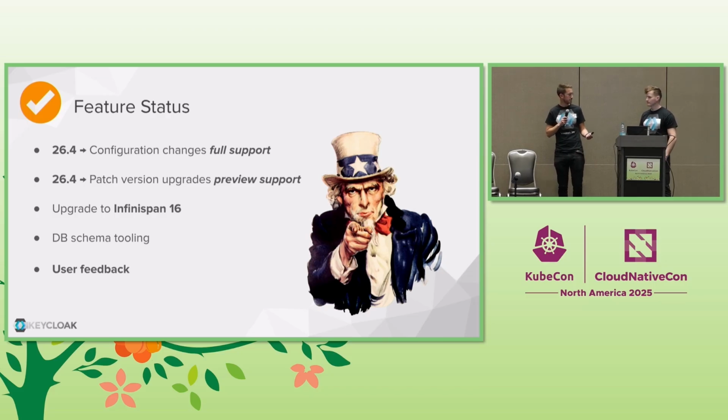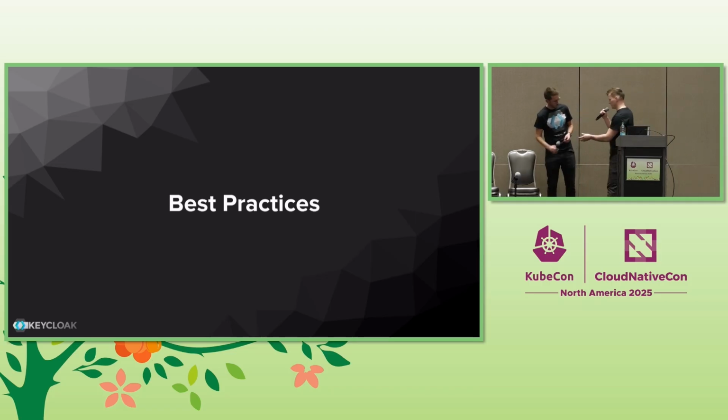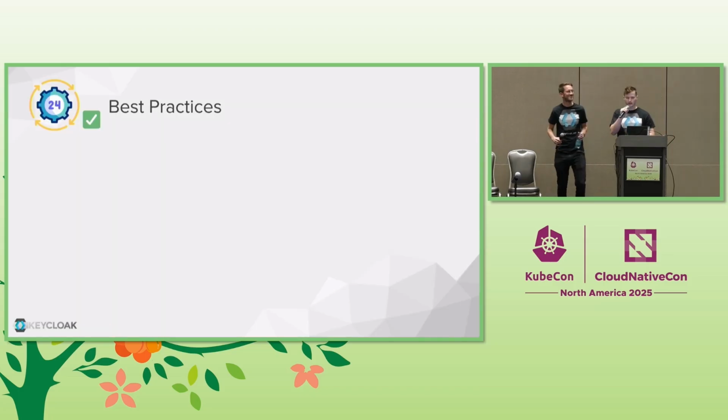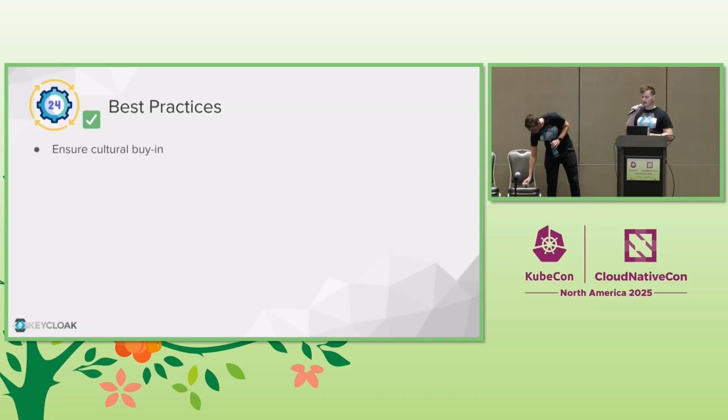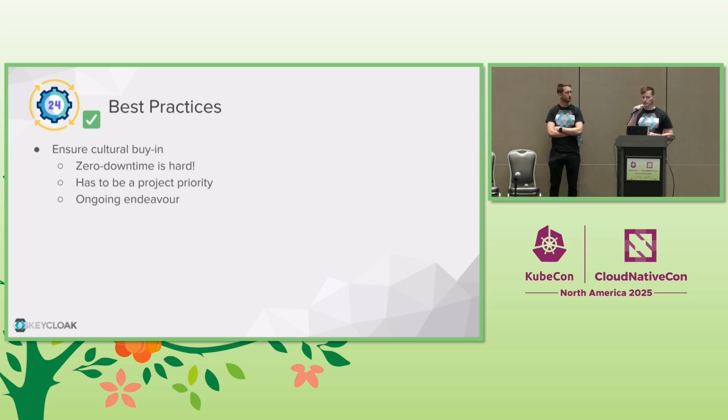I'll now hand back to Martin. Yeah, sure. So along the way, we've learned a few key lessons. The first one is ensuring cultural buy-in, as zero downtime is not just a technical term, but it needs to be a team mindset and a project priority, and it's an ongoing endeavor.